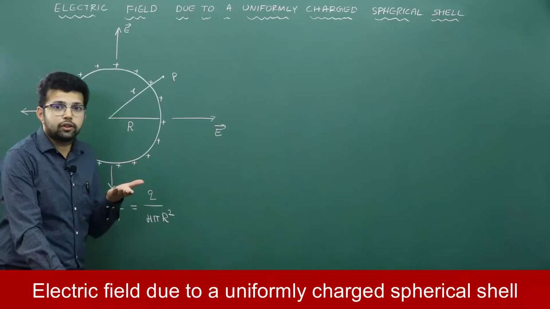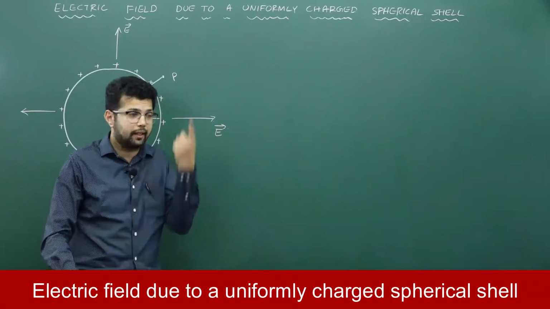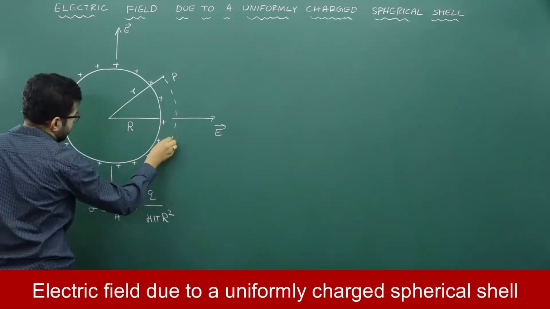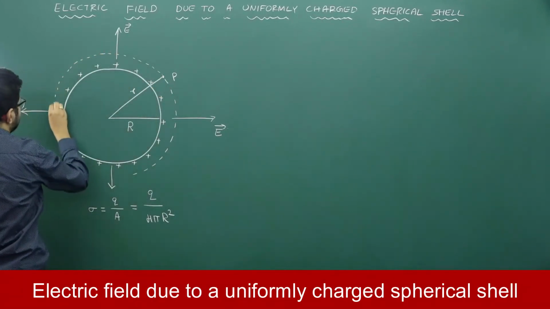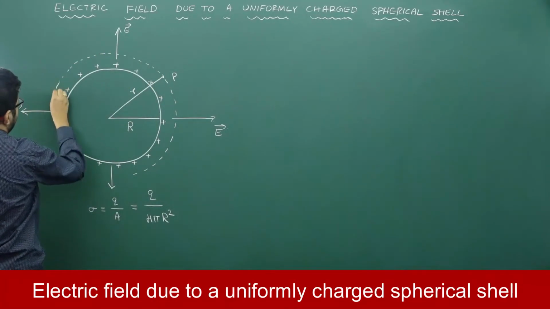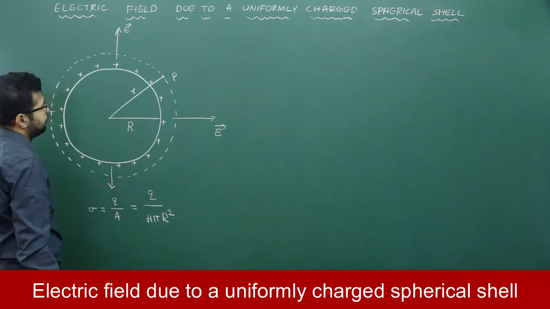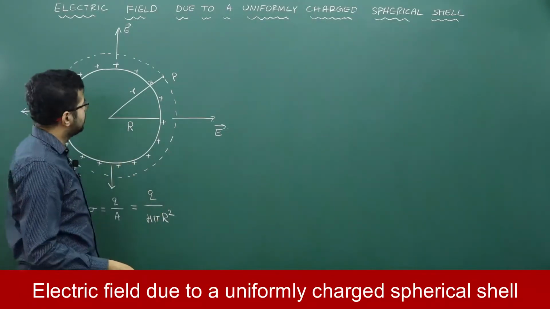Now, the Gaussian surface should pass through the point where we are calculating electric field. So, let me consider a spherical Gaussian surface. Now, what is the flux through the Gaussian surface?